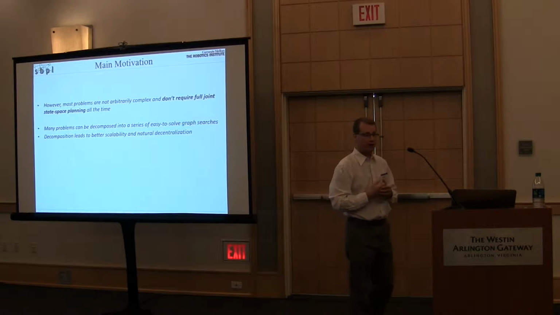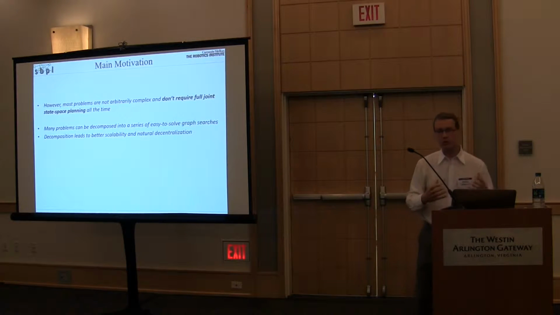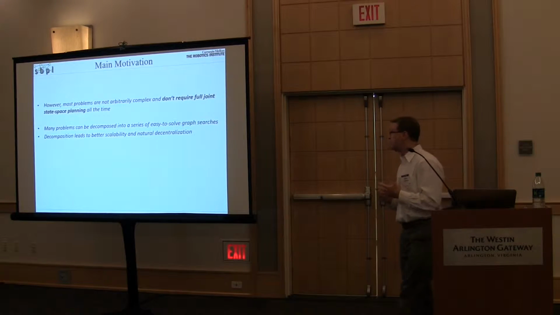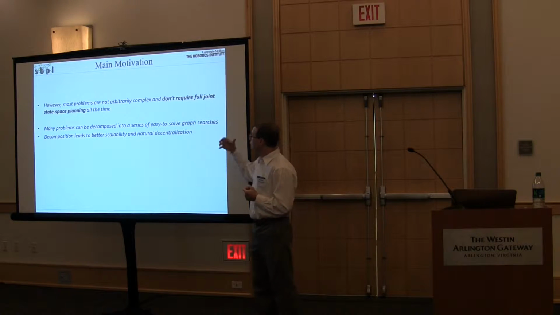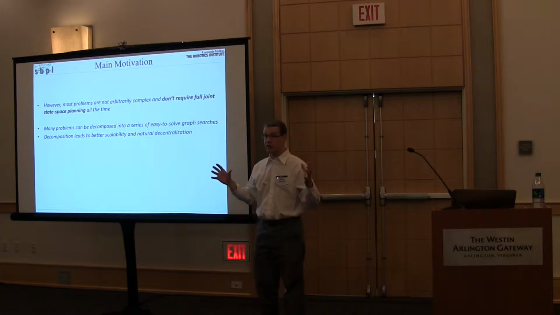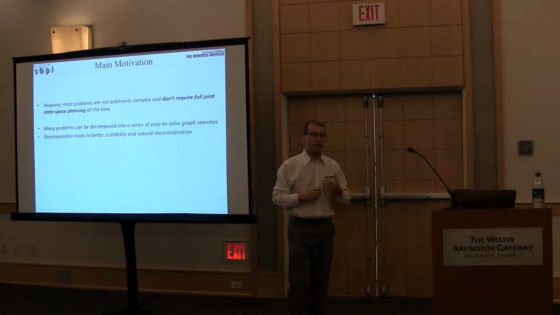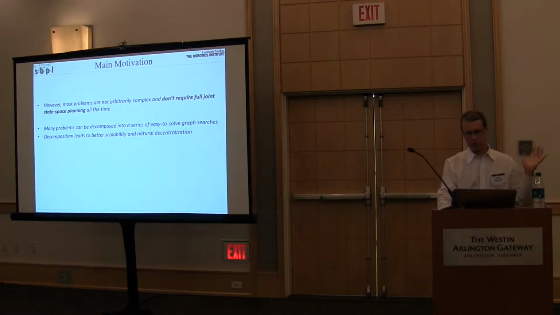The way we look at it is how can we take those types of problems and decompose them into a series of easy to solve graph searches. These are much smaller graph searches that exploit the fact that you don't have to do full joint state space planning all the time. That leads to much better scalability. It also leads to natural decentralization that I will not talk about.